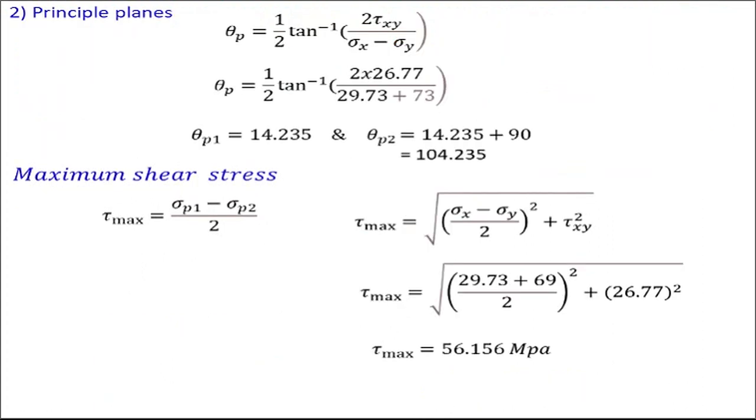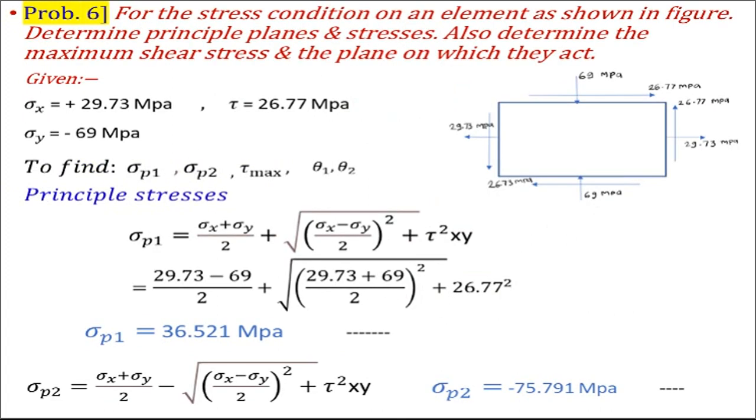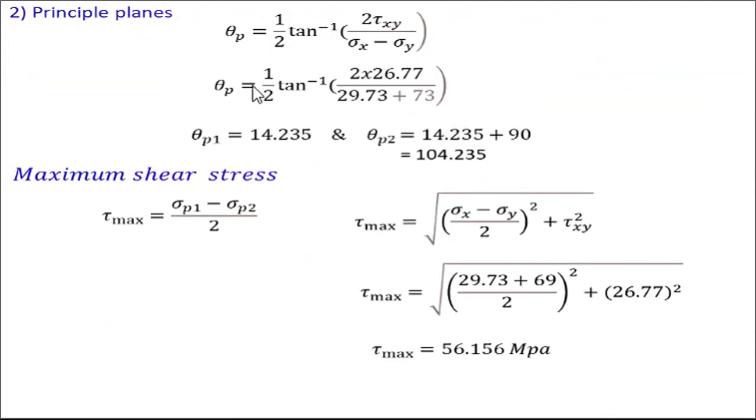Along with these we determine the sigma p1 and sigma p2 values, and the problem asks on which plane these principal stresses are acting. For this we have the formula theta p is equal to 1/2 tan inverse of twice tau xy divided by sigma x minus sigma y.